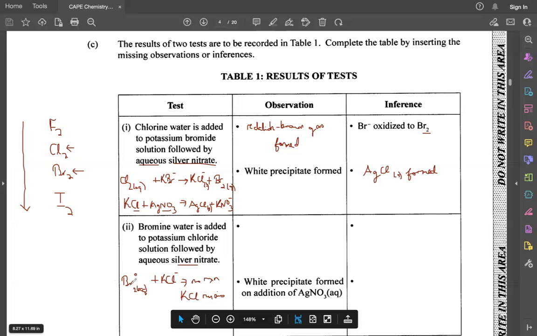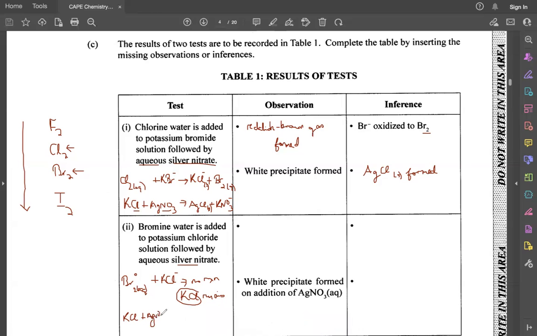It's just a reddish brown gas, right? Now, for the second part, you're still going to add your silver nitrate, but what you'll be adding your silver nitrate to is KCl, right? So it will just be KCl plus AgNO3, right?